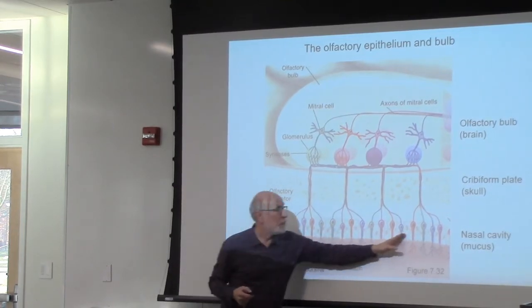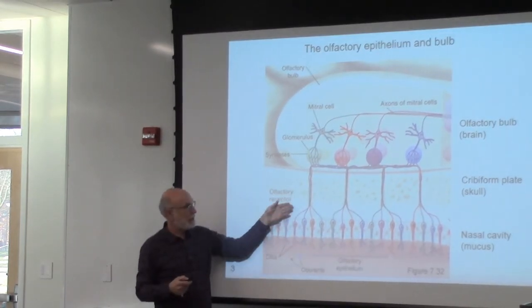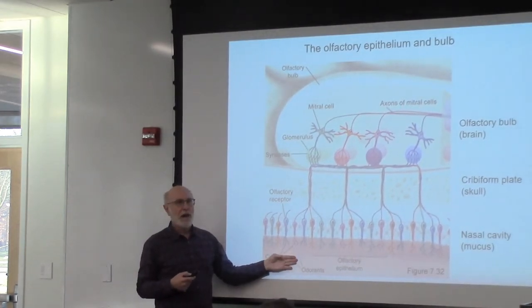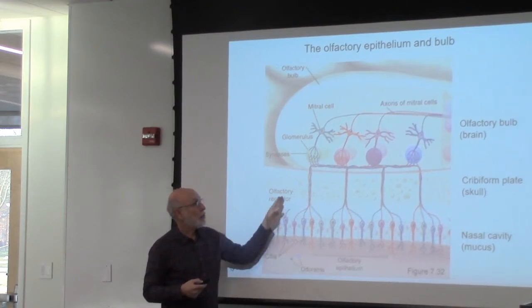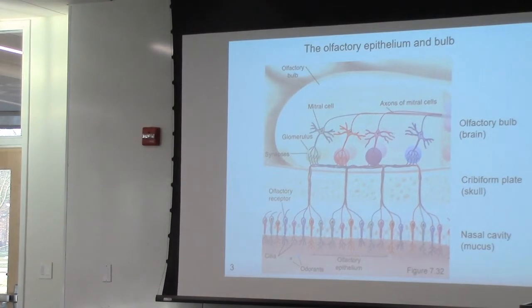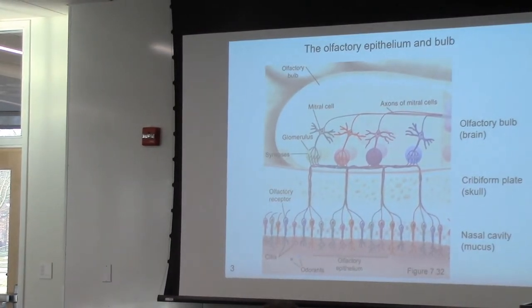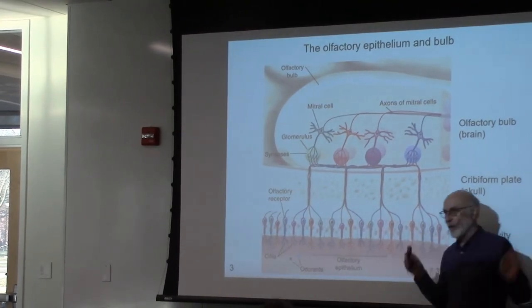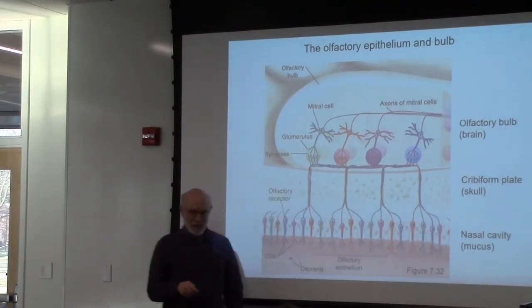Here is the olfactory epithelium that interfaces between the bone and the air, or the mucus really, of the olfactory nasal cavity. And so this cribriform plate is perforated, and if you're interested, you can come and see in the skull model the specialization of the bone here at the cribriform plate. You can actually see some of the perforation. I don't want to have too many things moving around the room, so we'll maybe pass that around at the break.